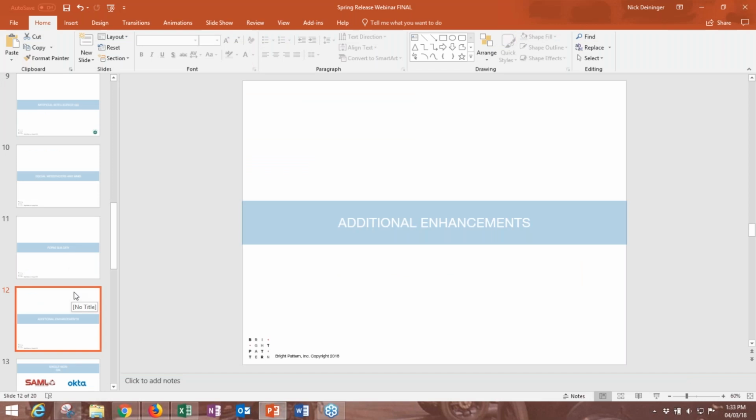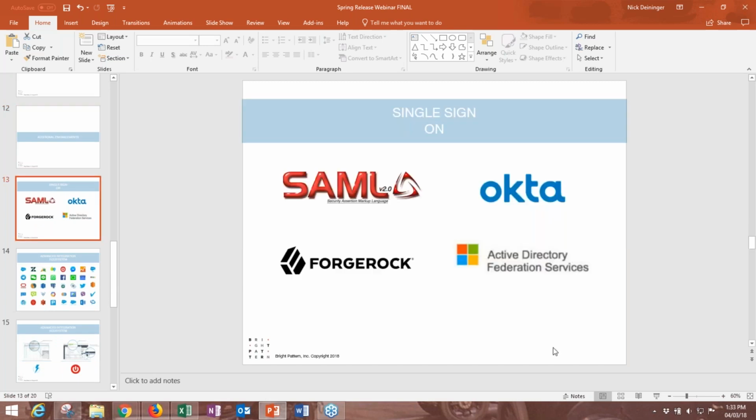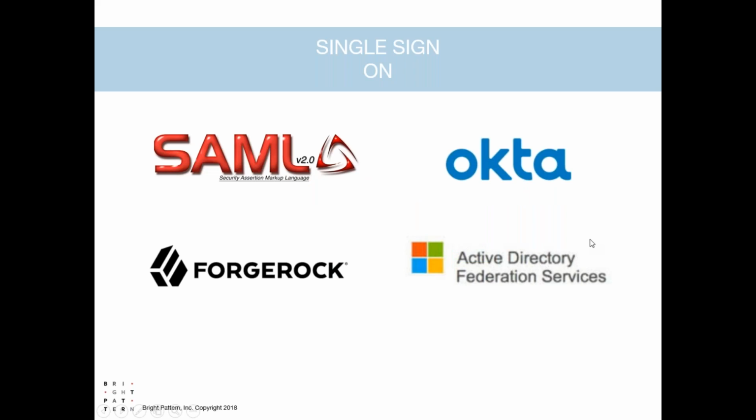All right, so what we'll talk about is just some additional enhancements here. So we'll just go back to the slideshow. So we also have integrated SAML 2.0 through services like Okta, ForgeRock, and ADFS. So if you're using one of these systems for SAML, you don't have to create users and add passwords. It improves the experience of not just the agent, but the administrator as well.